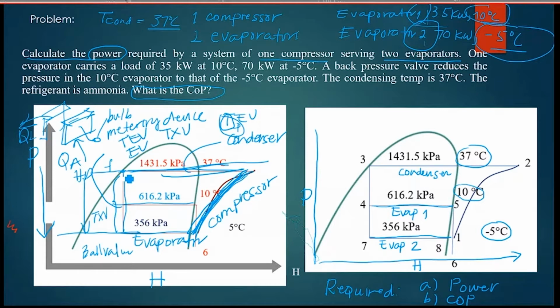Now you see the process here is constant enthalpy. If you see a straight line, it is behaving at constant enthalpy. We call that an isenthalpic process. Okay, I guess we are clear with that now.